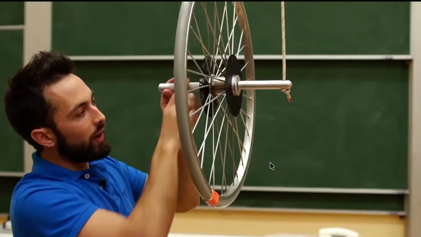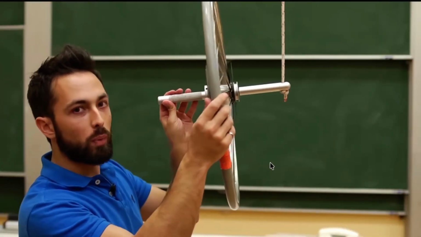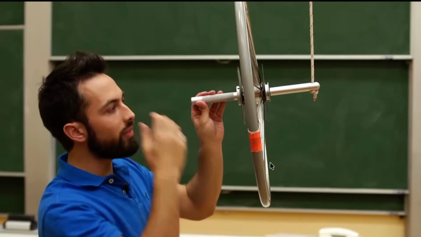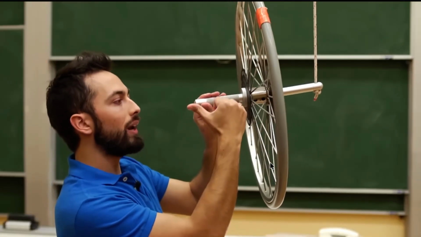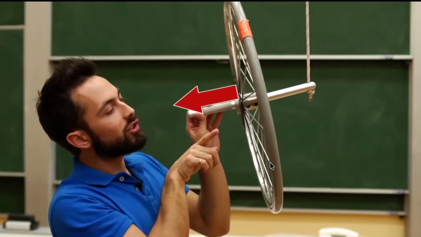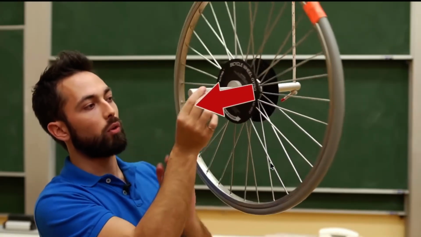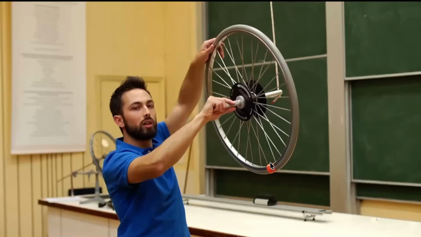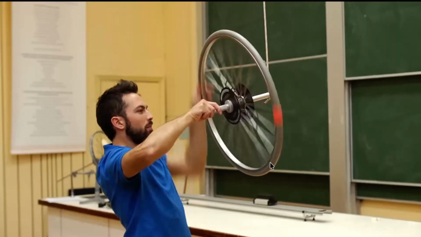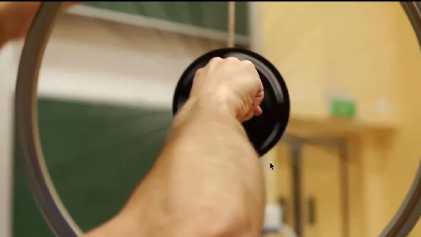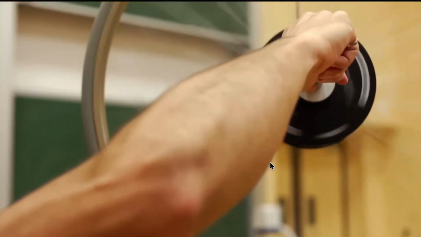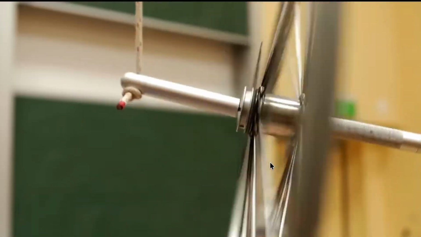But what happens if I only let go after I've already spun up the bicycle wheel? Well, in that case, the bicycle wheel would already have angular momentum this way, and so a torque pushing that way actually swings this angular momentum round that way. Okay, so let me try to get the wheel spinning and make it work. Come on.